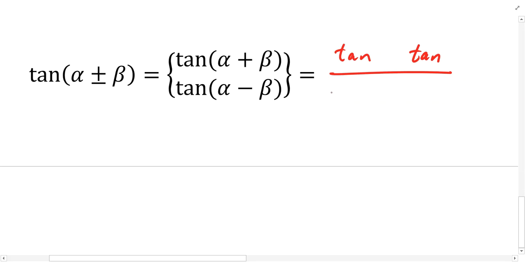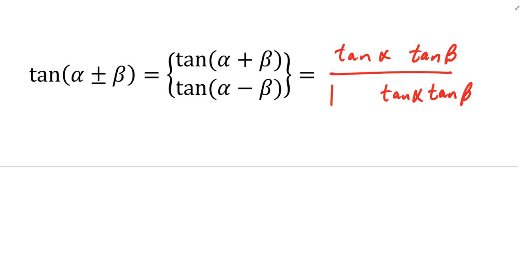And in the denominator, recall that we've got 1 plus or minus tangent times another tangent. Fortunately, the order of the angles is pretty easy to remember. They just go in the order in which the angles were presented, alpha, then beta.